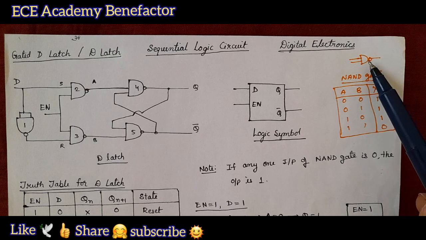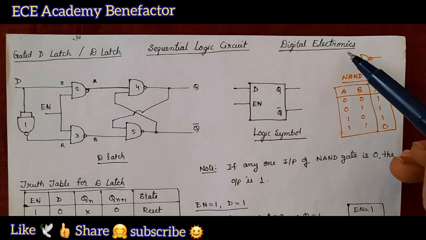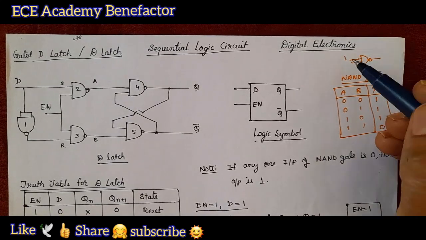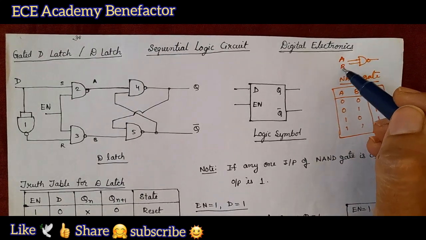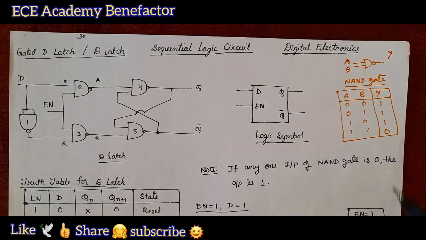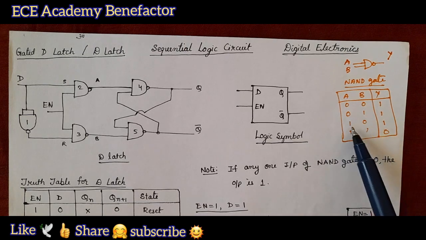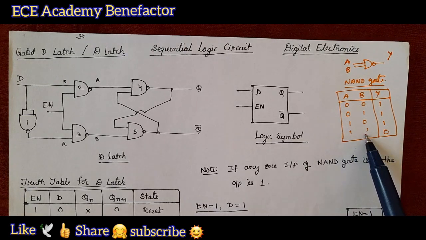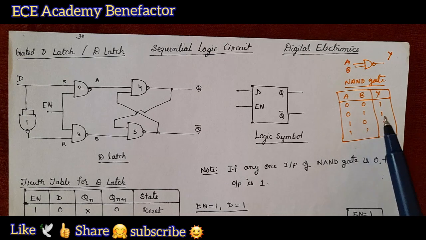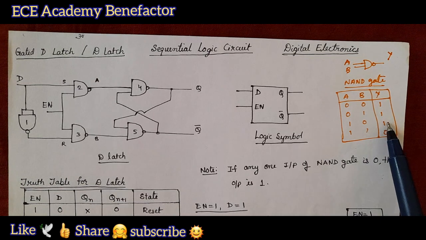And as you know about NAND gate, this is a symbol of a NAND gate and its truth table. If A and B are the inputs of this NAND gate and Y is the output, the truth table for NAND gate comes to be 0 0, 0 1, 1 0, 1 1. When any one of the input is 0, the output is going to be 1.